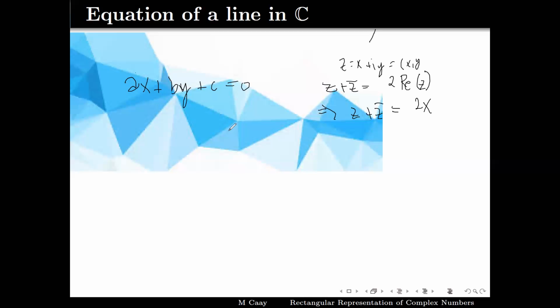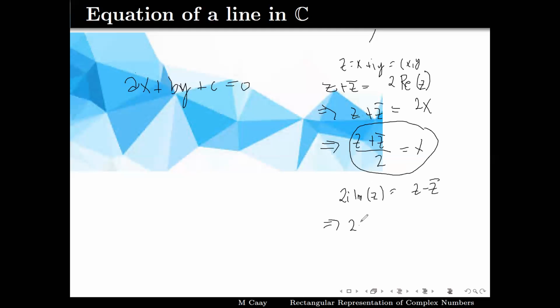Okay, and also I can write this as (z plus z bar) over 2 equals x. So I have x equals (z plus z bar) over 2. And I can also solve for y using the same property. I have 2i Im(z) equals z minus z bar. So I have 2iy equals z minus z bar.